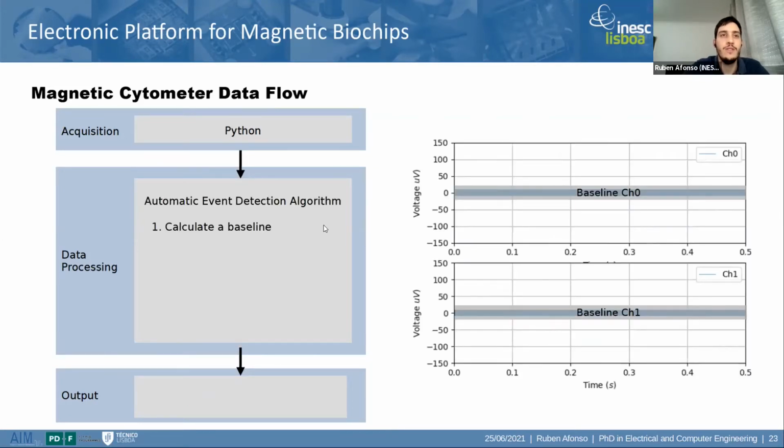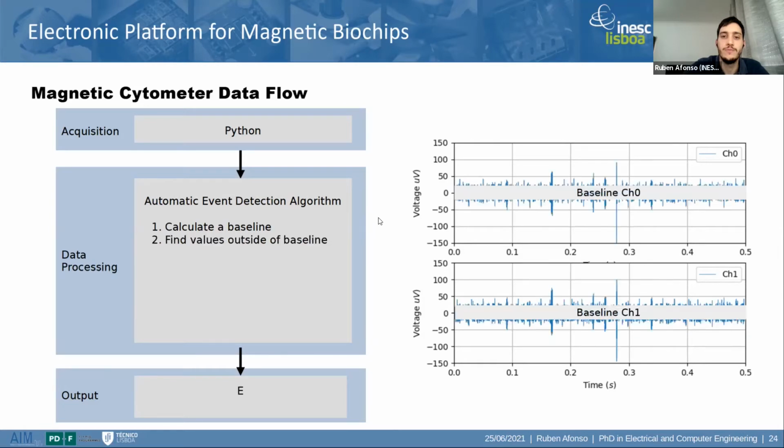Our approach divides the data processing into several steps. First, we calculate a baseline with water or with the buffer solution, and we use this value. Second, we set a value 2 to 3 times higher and find everything outside of these values.